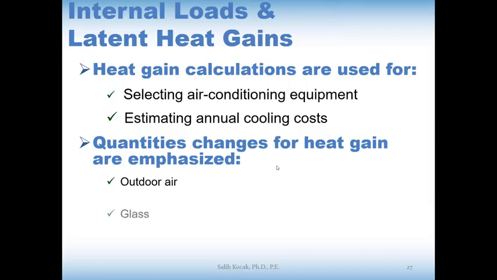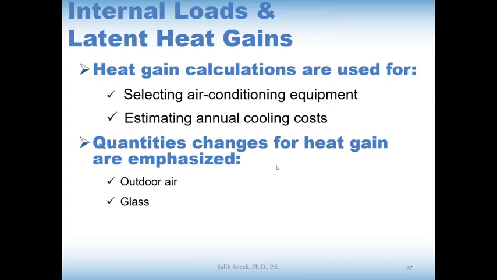Then we are going to calculate the conducted heat gain through the glass. We use the total glass area and subdivide it into the proper compass orientations to calculate the solar heat gain.